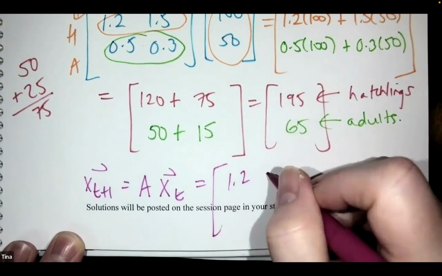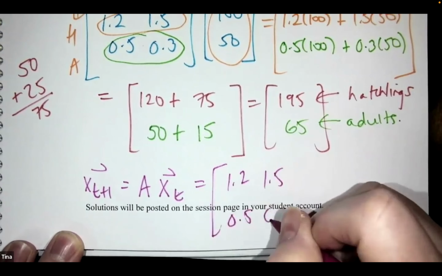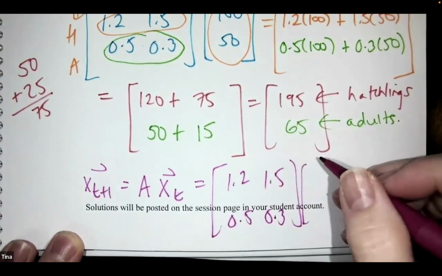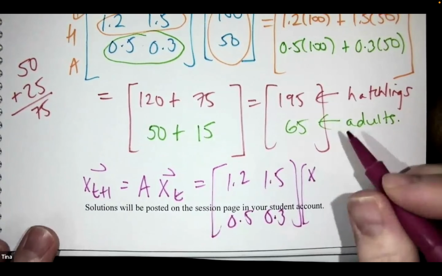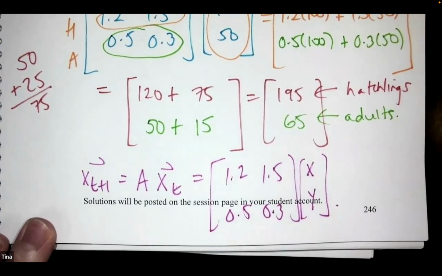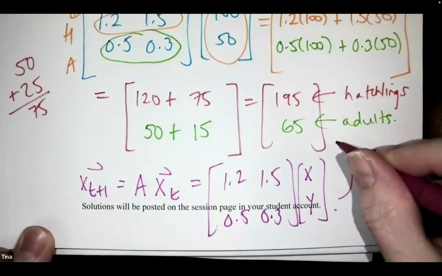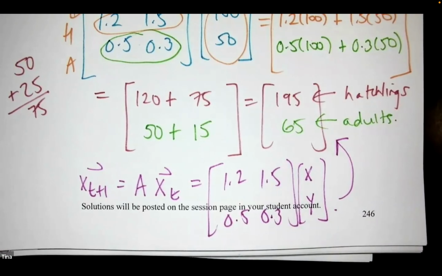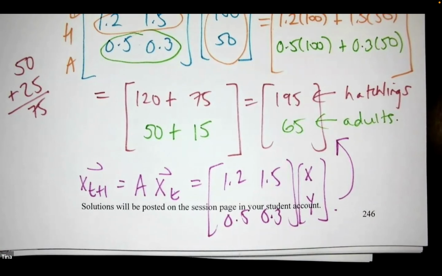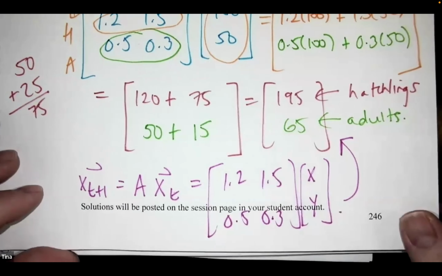We're taking the A and we're taking this kind of like XY vector, right? And that's how we got this answer. Okay. So we basically did X1 is A times X naught. Questions?